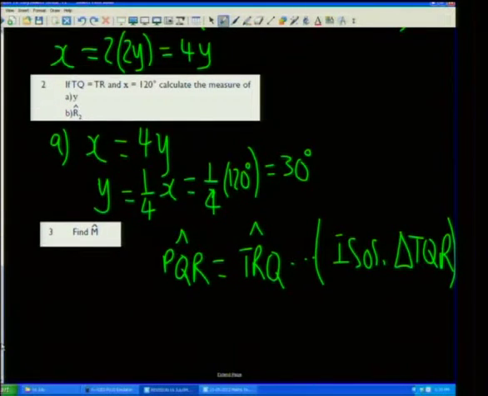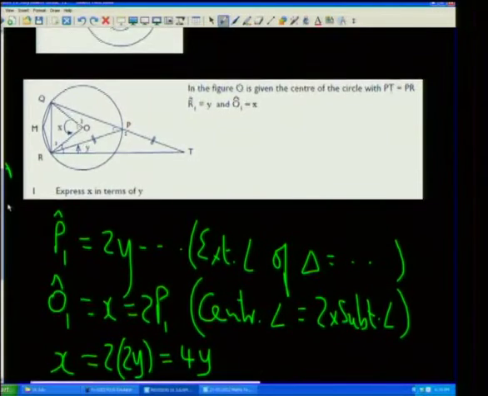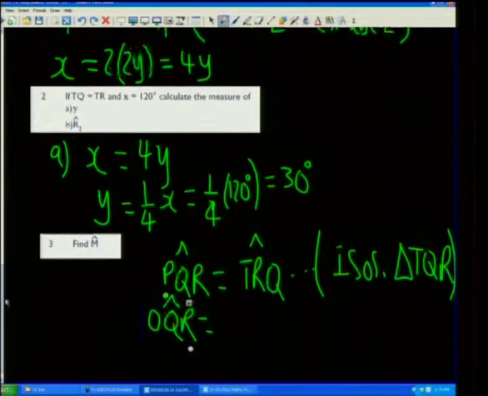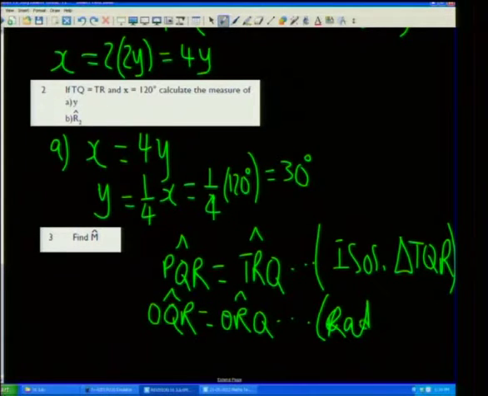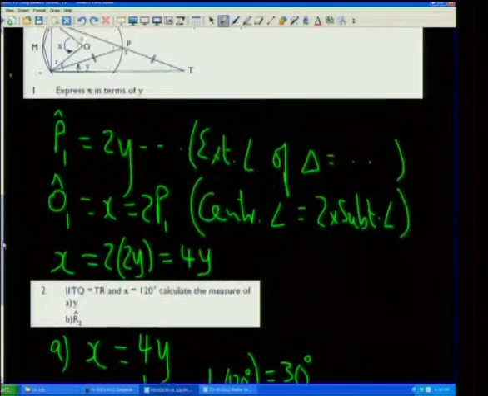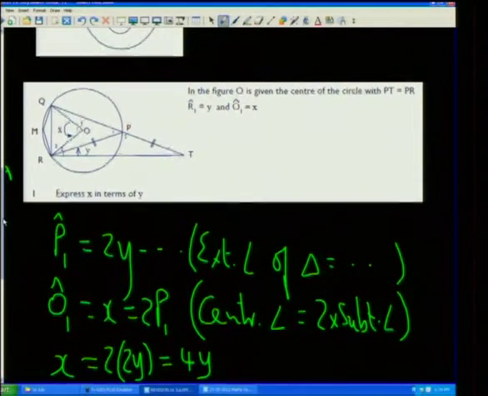OQR is going to be equal to ORQ. This we mentioned earlier on. It's isosceles because of the radii. Radii are equal if your triangle is from the center to the circle.